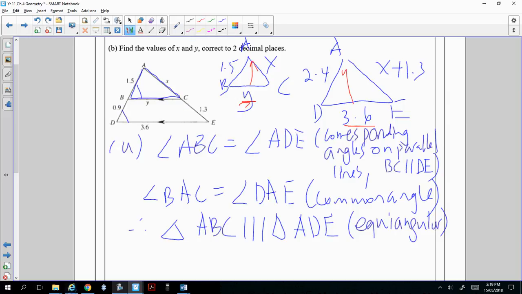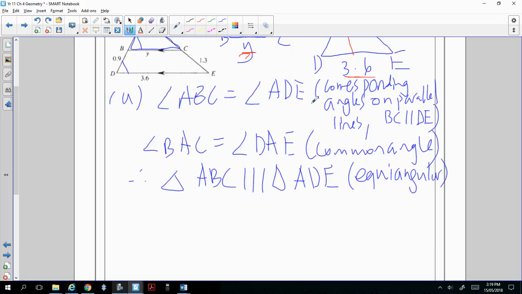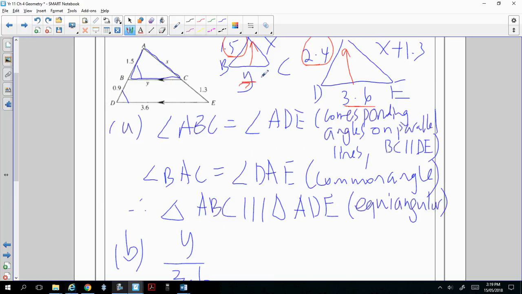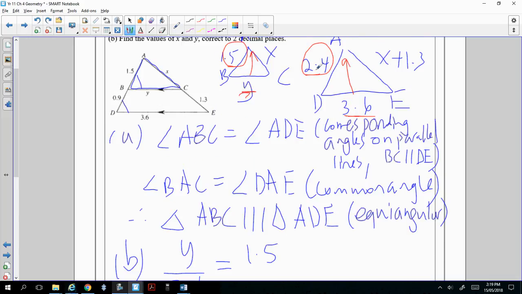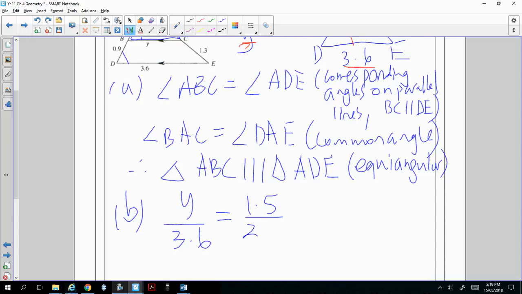y over 3.6. Notice that y comes from the first triangle. You also have to put 1.5 on the numerator for the other side: 1.5 over 2.4. Reason? Matching sides in similar triangles. Okay, good. So you do that, and then you solve. How to solve? Very easy.